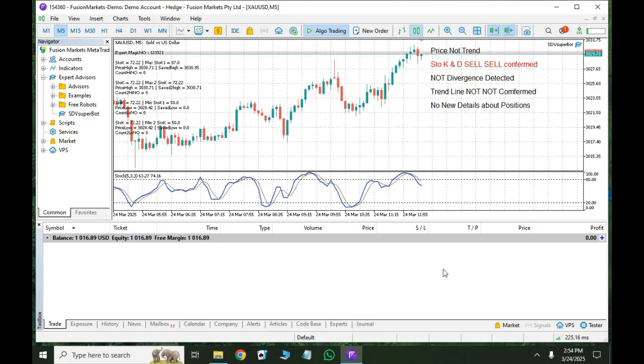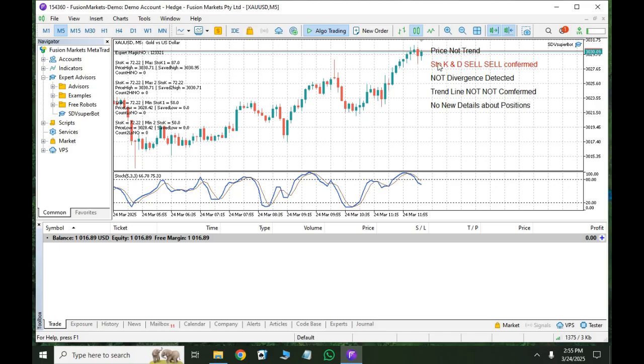This program is based on four conditions. I show it here when it runs, so I can explain the coding easily. You can see it has the price trend.